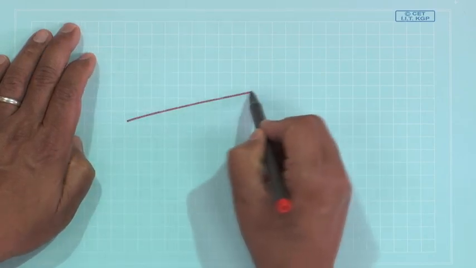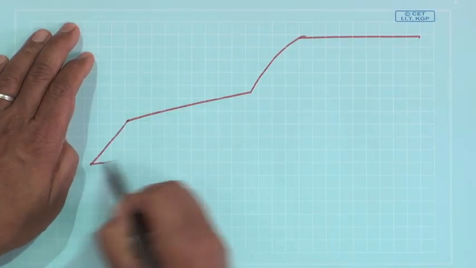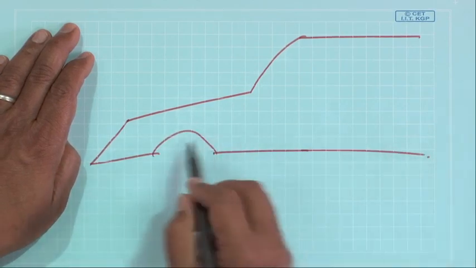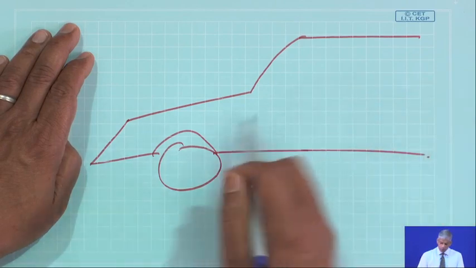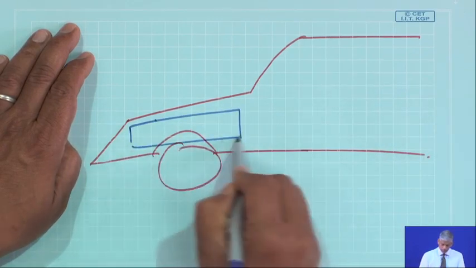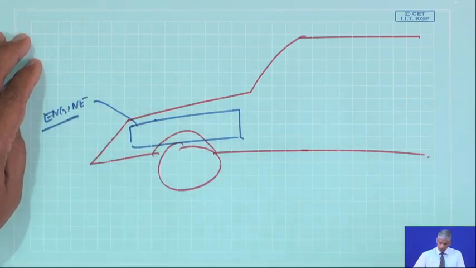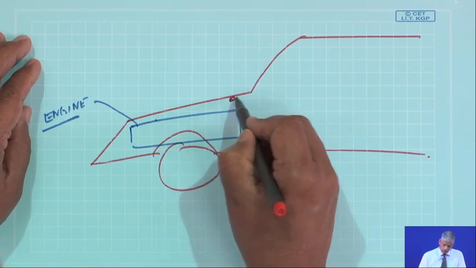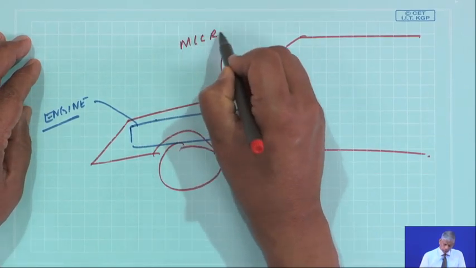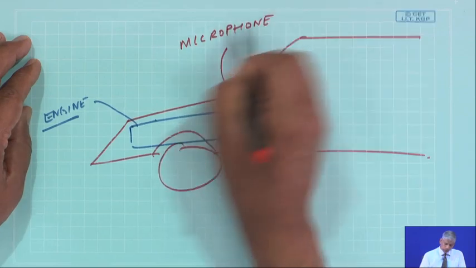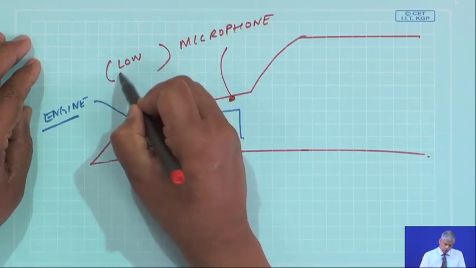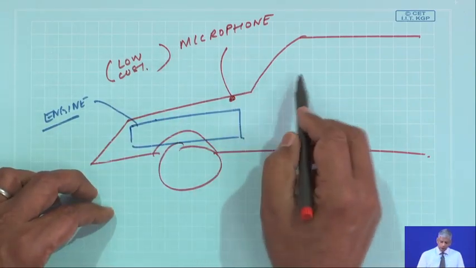Okay. The reason I am saying this is, for vibration we have to put a transducer, but imagine in an automobile, my engine is placed somewhere here. Imagine if I put a very low cost microphone in the hood.